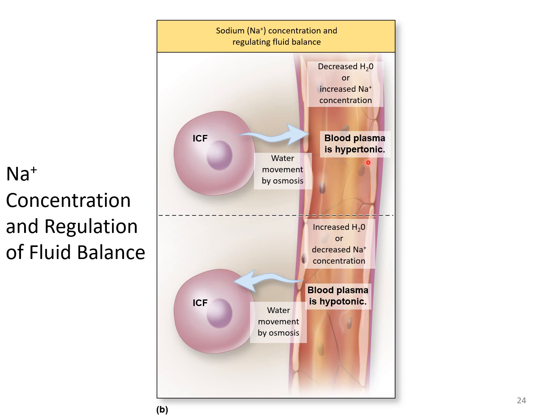In this case, the blood is hypertonic because there's more sodium concentrated in the blood, so it's hypertonic to the cell. So the water is going to flow out of the cell into the blood to try to dilute that, to try to get back to a balance of where it needs to be.